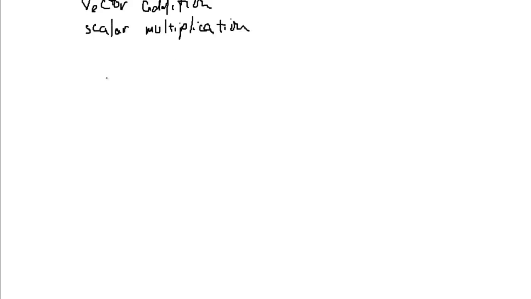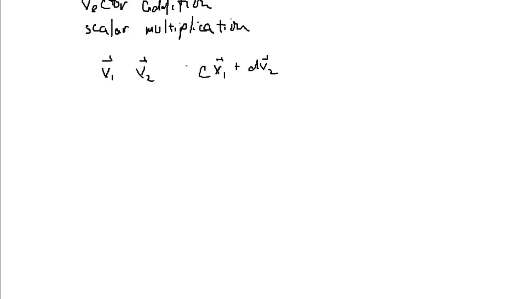Okay, so suppose we have two vectors, v1 and v2. And we want to express a linear combination of these two vectors. So a linear combination of v1 and v2 can be expressed as c v1 plus d times v2.